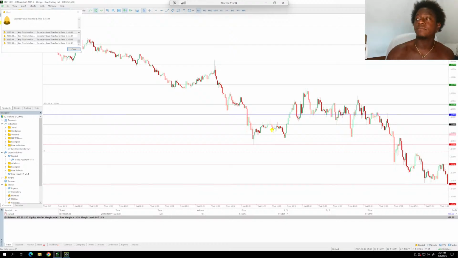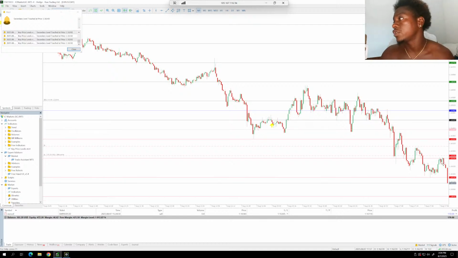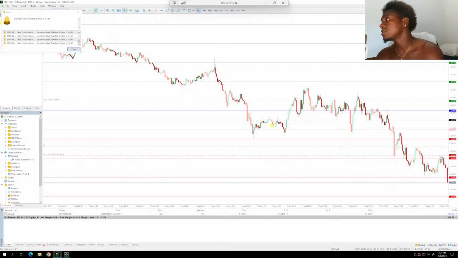There we go. And we can trail that stop loss a pip above, so if we got 1.16242, then we, oh, 1.16, my bad, 1.16252.